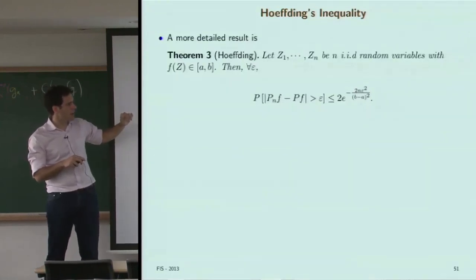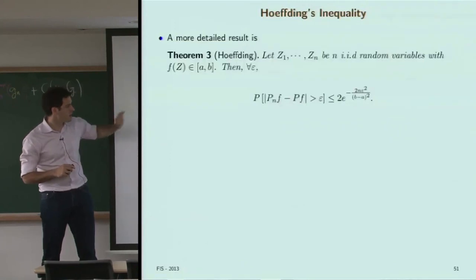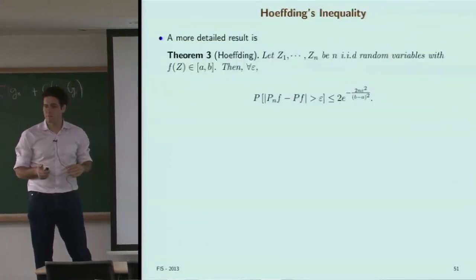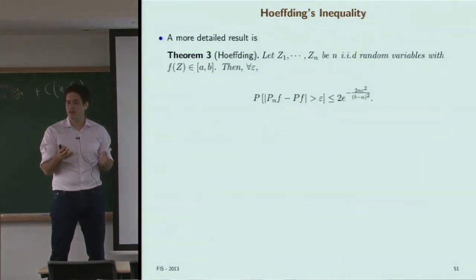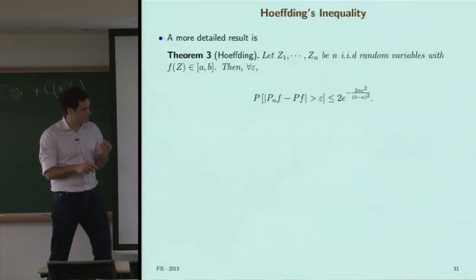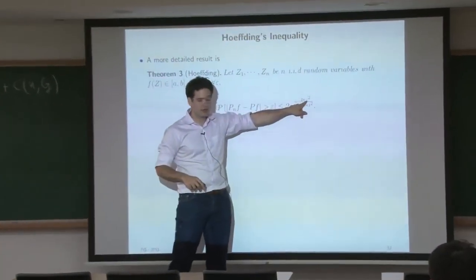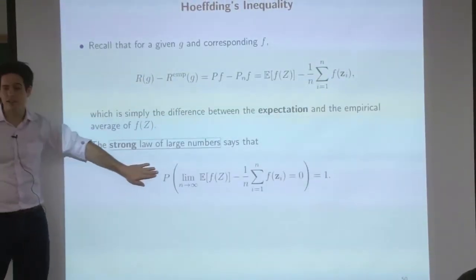If you assume that we have n random variables, z1 to zn, and you assume that f of z is bounded between a and b, so here remember that in our case f of z is always either 0 or 1, so it's bounded, then the probability that the difference between the empirical estimate and the real expectation is bigger than epsilon is smaller than this quantity, which depends on the number of points n and on epsilon squared.